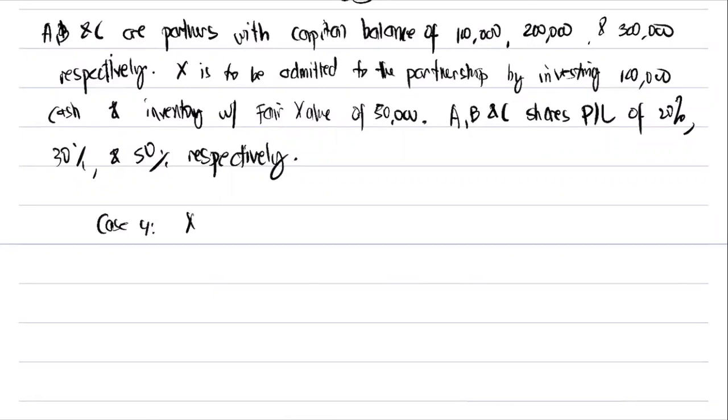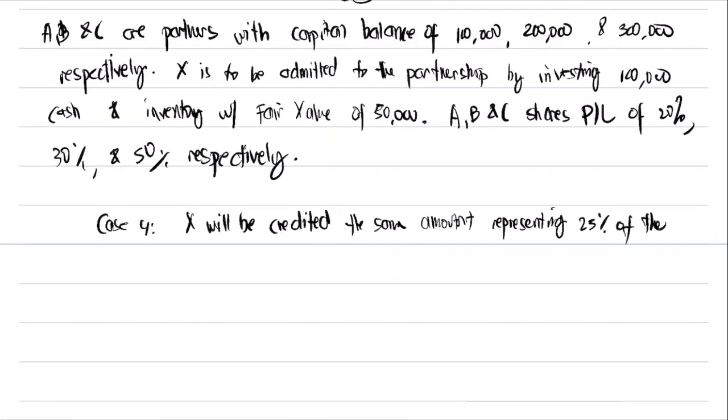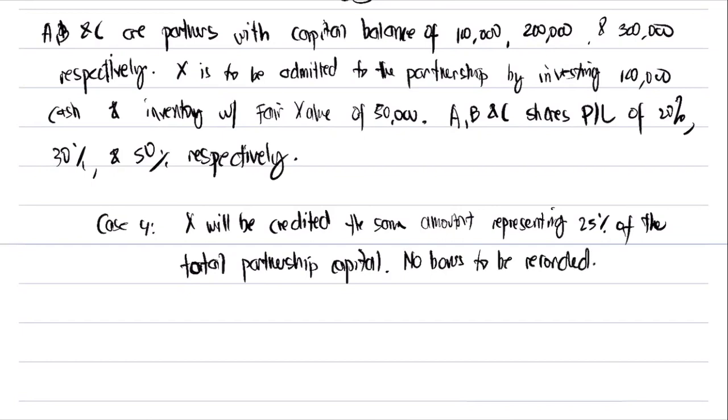So let's say X will be credited the same amount representing 25% of the total partnership capital.